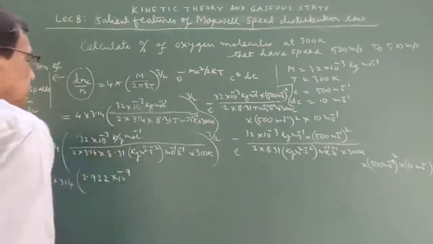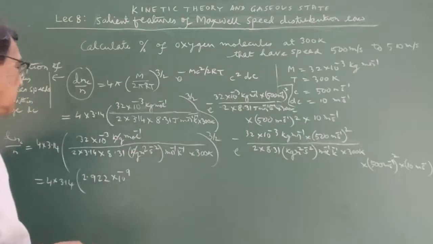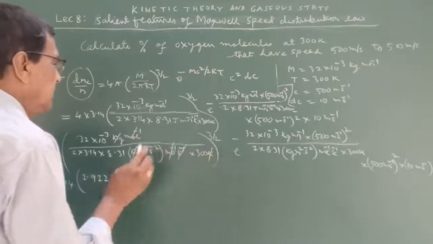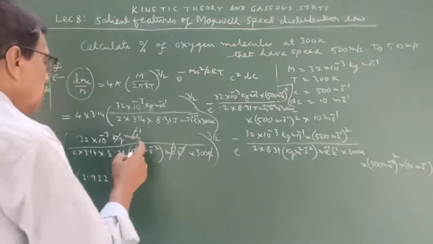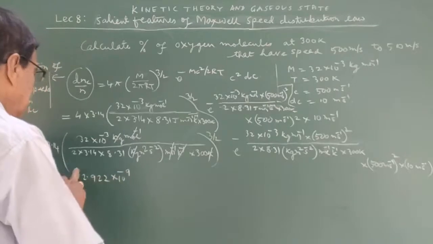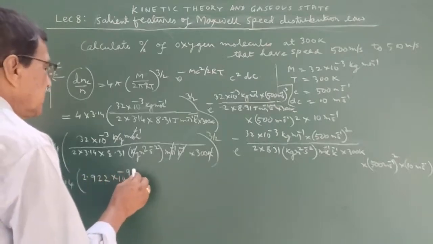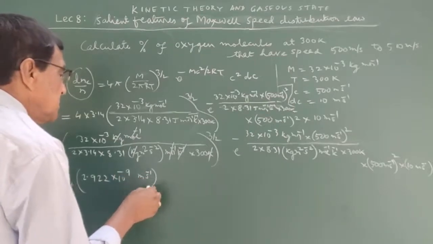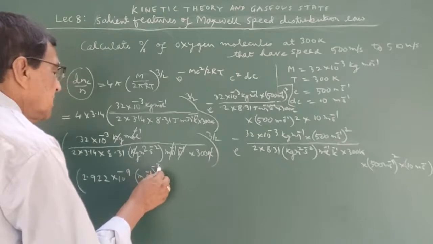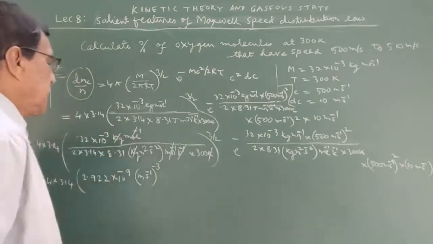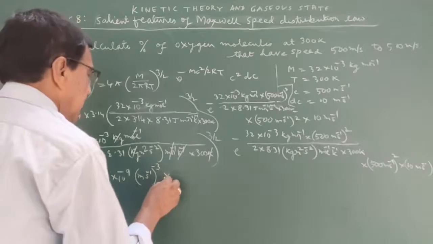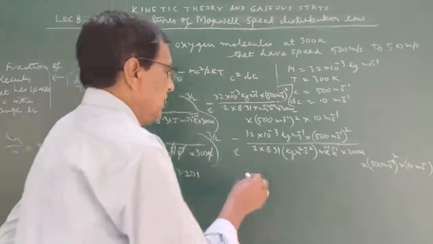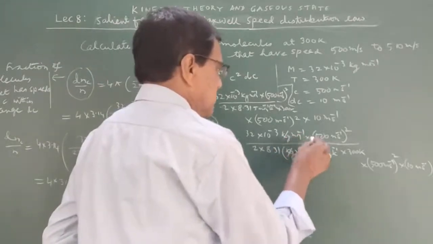If we cancel the like units, mole inverse, Kelvin inverse, Kelvin, with power 3 by 2, and this exponential value is 0.201, and it is unitless.